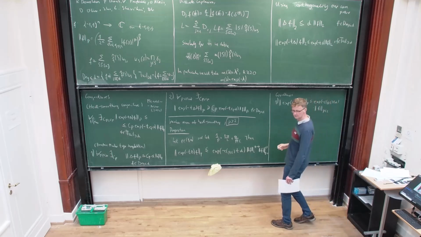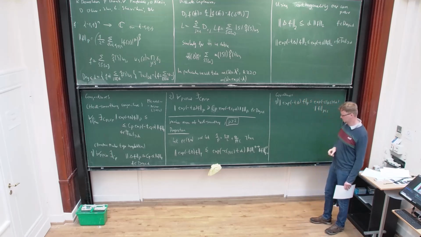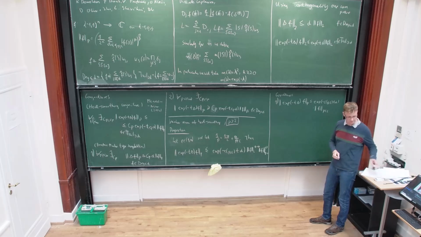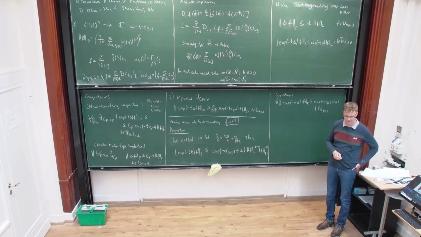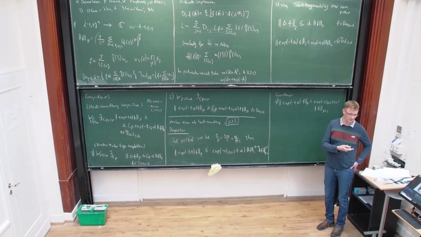But what if you use hypercontractivity for polynomials of degree less or equal than d? You will get something. This is just a Hölder inequality, without further hypercontractivity. Is it interesting to use hypercontractivity? Yes, exactly, with one minus eta.